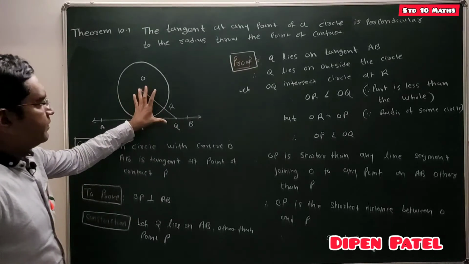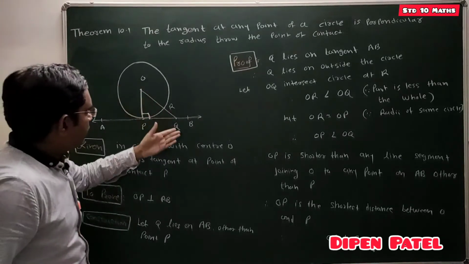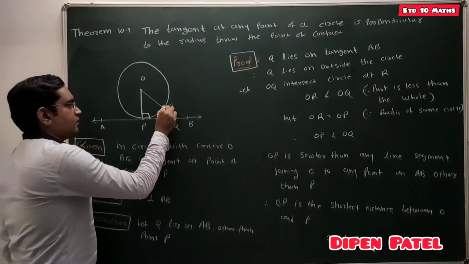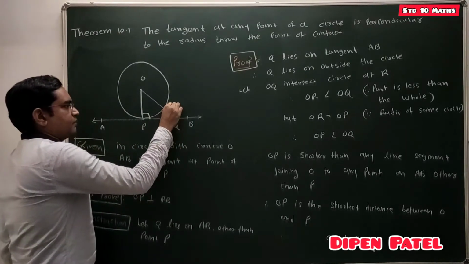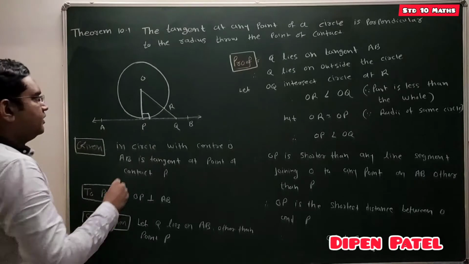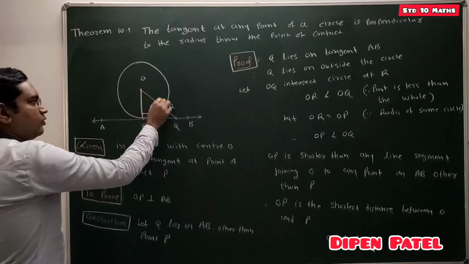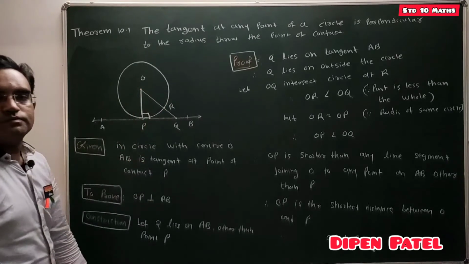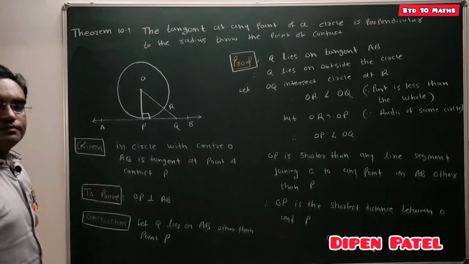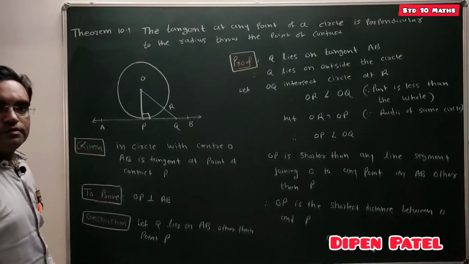So we are getting line segment OQ, and that line segment OQ will intersect our circle at this point R. Clear? So here OP is the radius through the point of contact and OR is the radius of circle. Done? So this is construction.